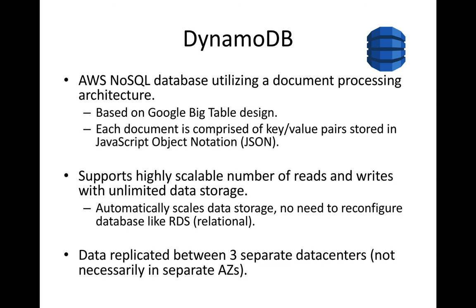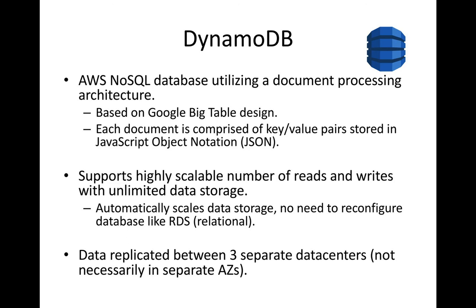There was a columnar database, a document database, a key value database, and a graph database. DynamoDB represents a document database, and it's based on the Google Big Table design. Each document in DynamoDB is basically what we call a JSON object. And we'll discuss JSON objects a little bit further in this course.